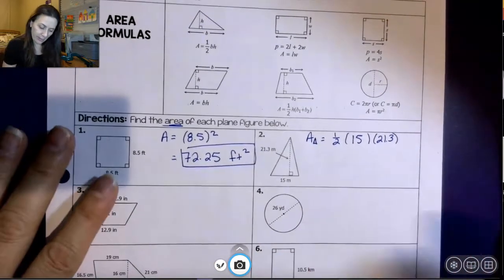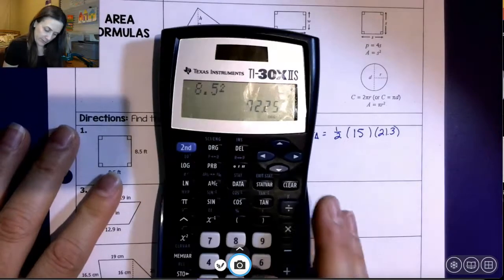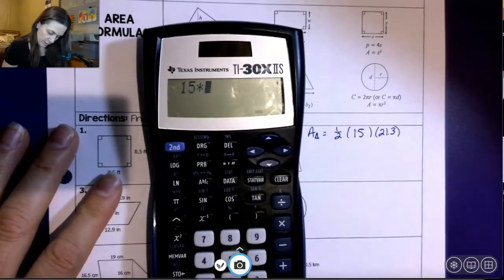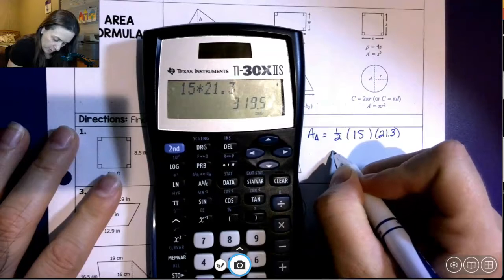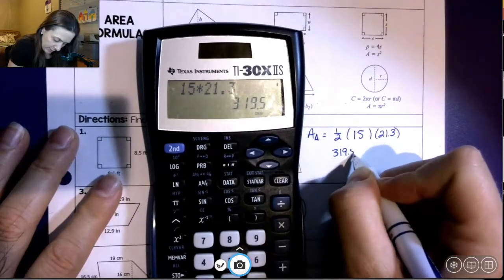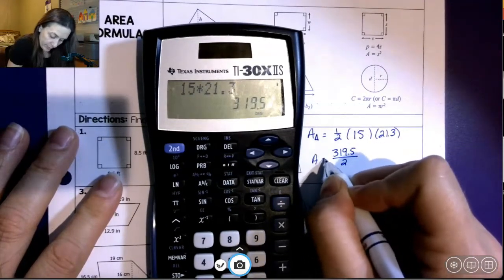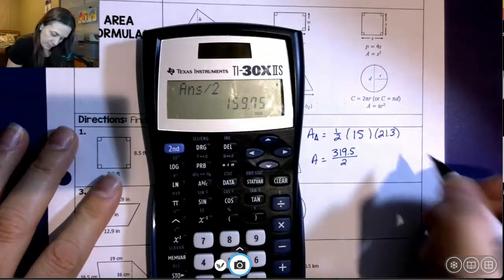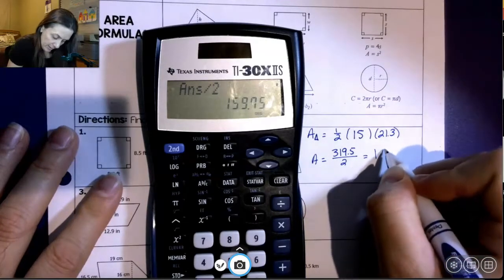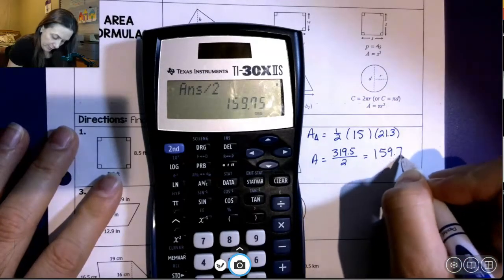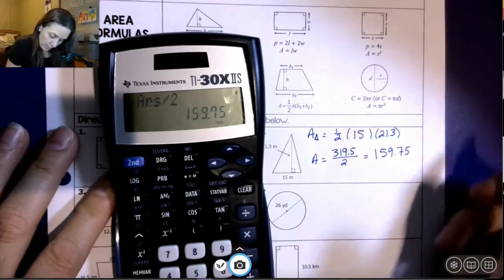It's not really even. Probably I would go ahead and multiply 15 times 21.3. I end up with 319.5. Because it's half, it's actually divided by 2. If I divide that by 2, I get 159.75 meters squared.